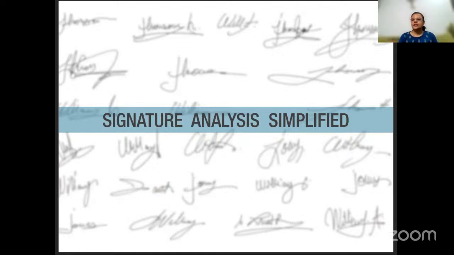So let's understand the insights of today's session. In this workshop, I'm going to help you understand different types of signatures, which will also help you understand a person's emotions and behavior. We are going to learn signature analysis as a technique in which we can know a person's personality traits, and also their thinking ability.